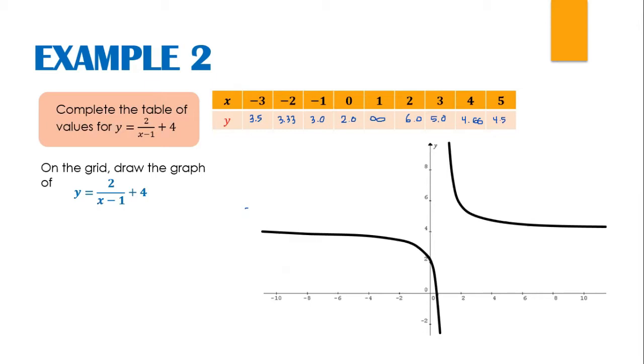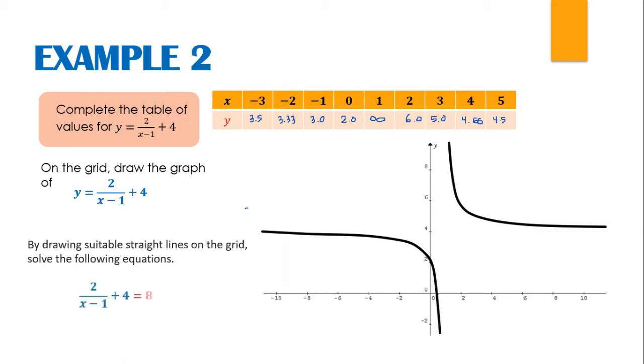Okay, next. The next question: by drawing suitable straight lines on the grid, solve the following equation. 2 over x minus 1 plus 4 equals 8. Students, once again, I want to emphasize to everyone, the solution means the intersection. For the first step, we have to separate this function into y equals y.